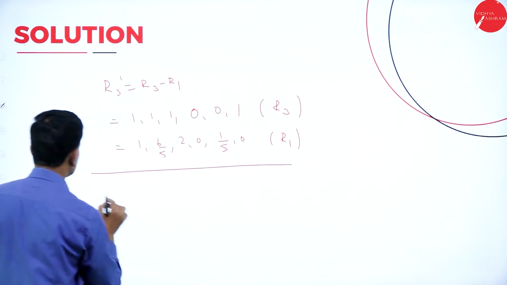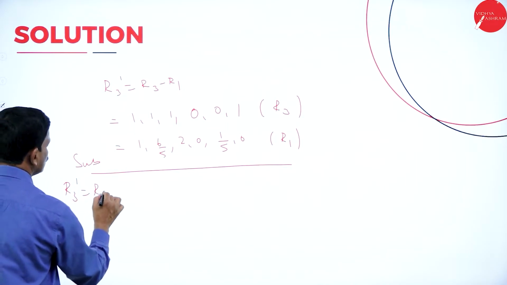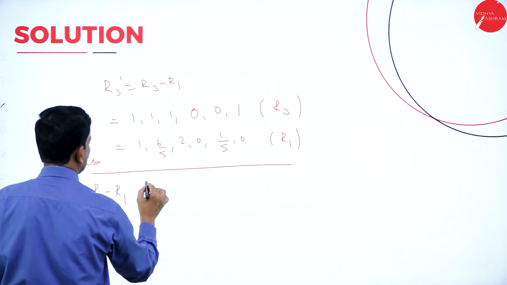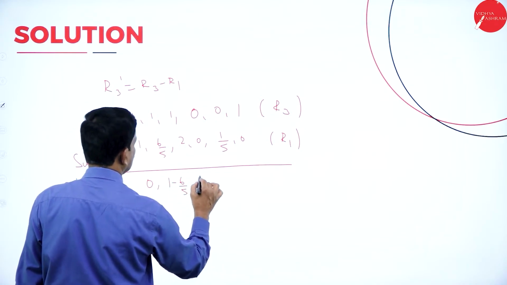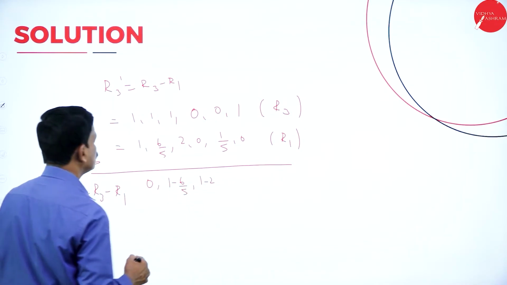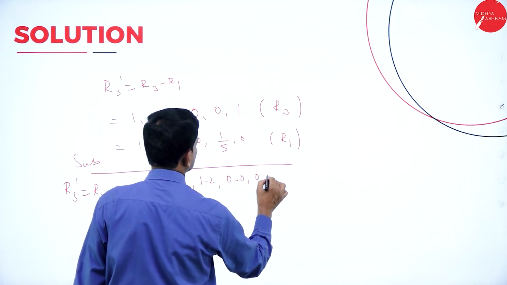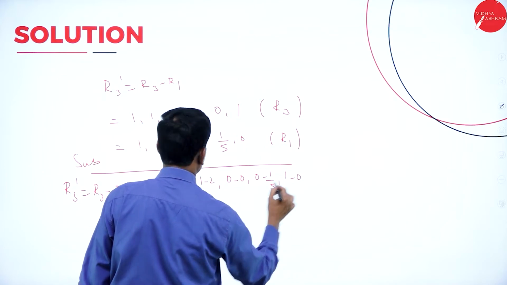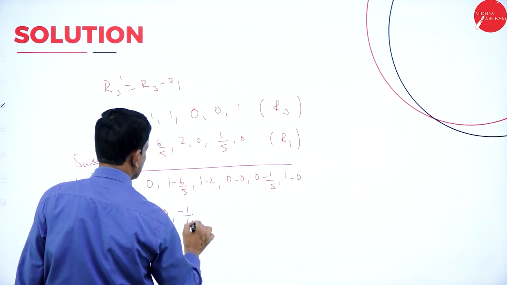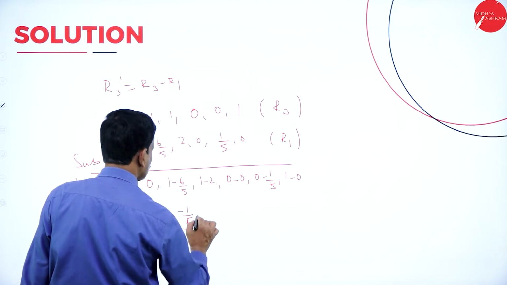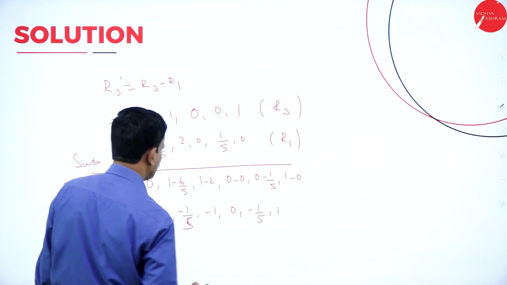Now subtract these two, R3 dash is equal to R3 minus R1. 1 minus 1 is 0, 1 minus 6 by 5 is minus 1 by 5, 1 minus 2 is minus 1, 0 minus 0 is 0, 0 minus 1 by 5 is minus 1 by 5, and 1.